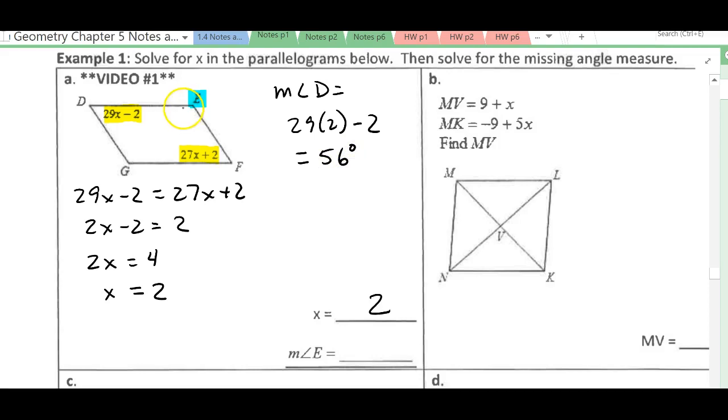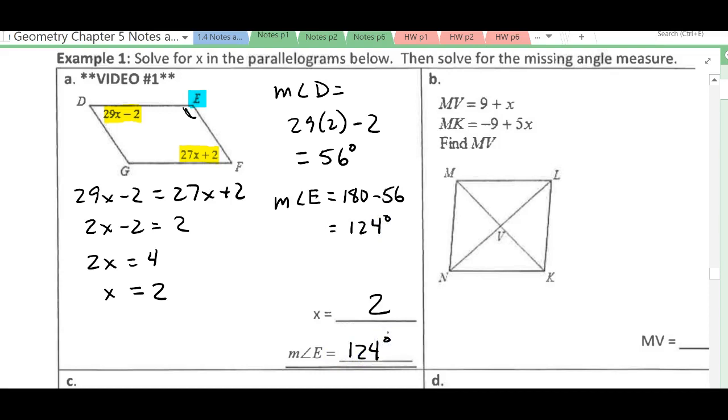And then since I want to find the measure of angle E, D and E are consecutive angles, and we know that consecutive angles are supplementary, so the measure of angle E is going to be 180 minus 56, or 124. So the measure of angle E is 124 degrees.